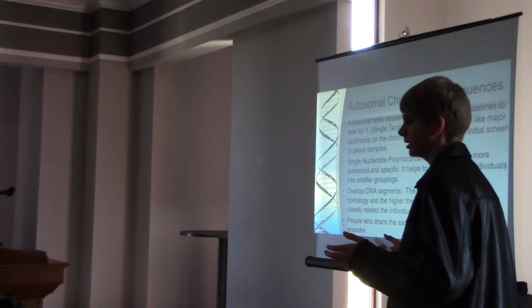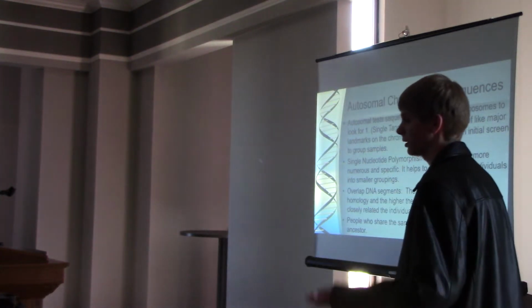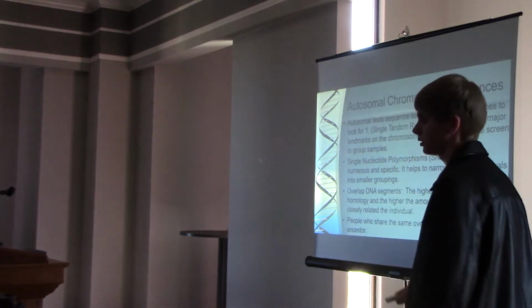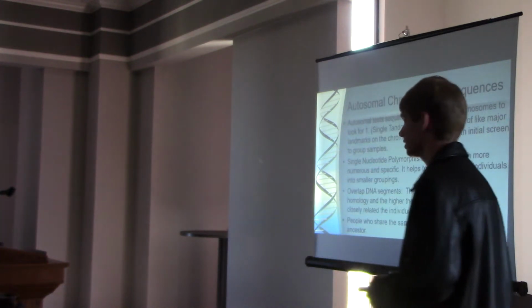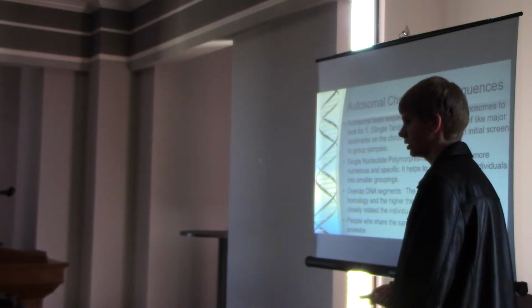There are overlapping DNA segments, and the higher the percentage of homology, or how closely related things are, the higher the amount of overlap and the more closely related an individual will be. People who share the same overlaps on your DNA may share a common ancestor with you, or with each other.